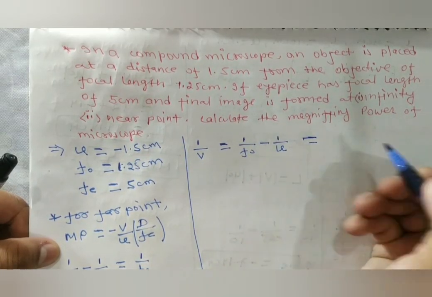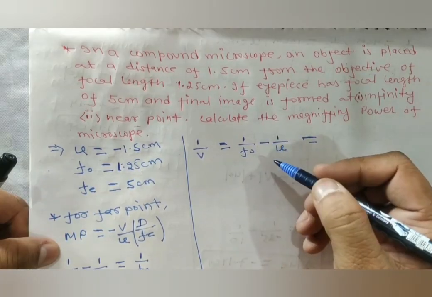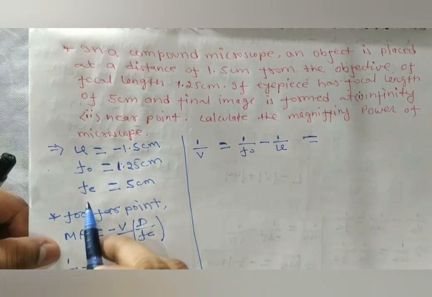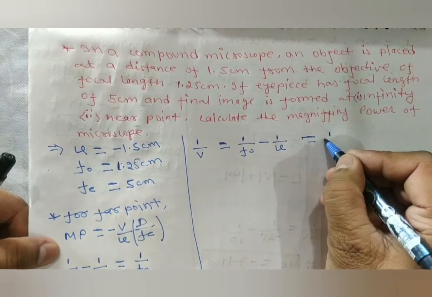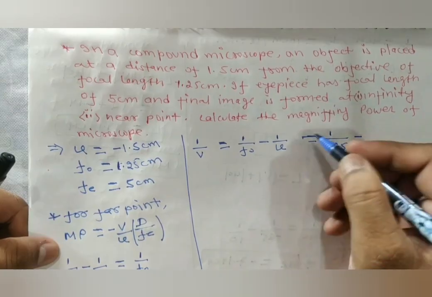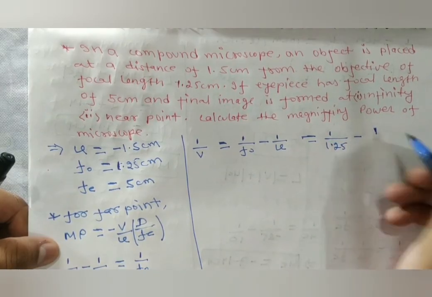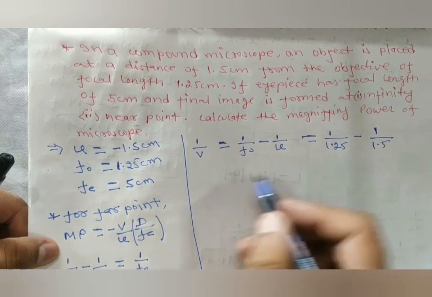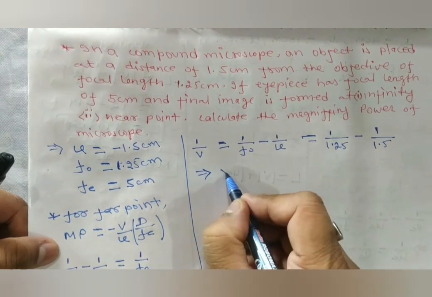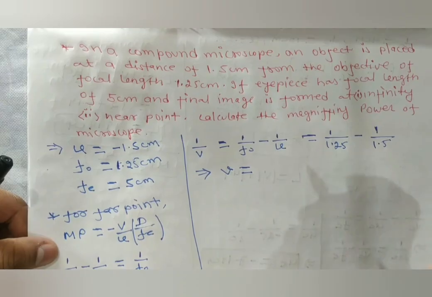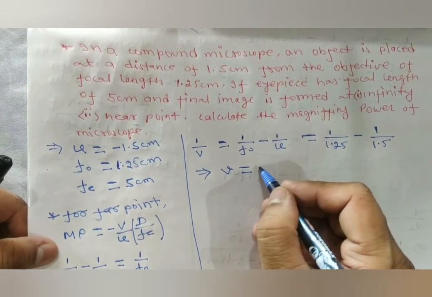Put the values. F naught is 1.25, minus U is 1.5. On solving, we will get value V equal to 7.5 centimeter.